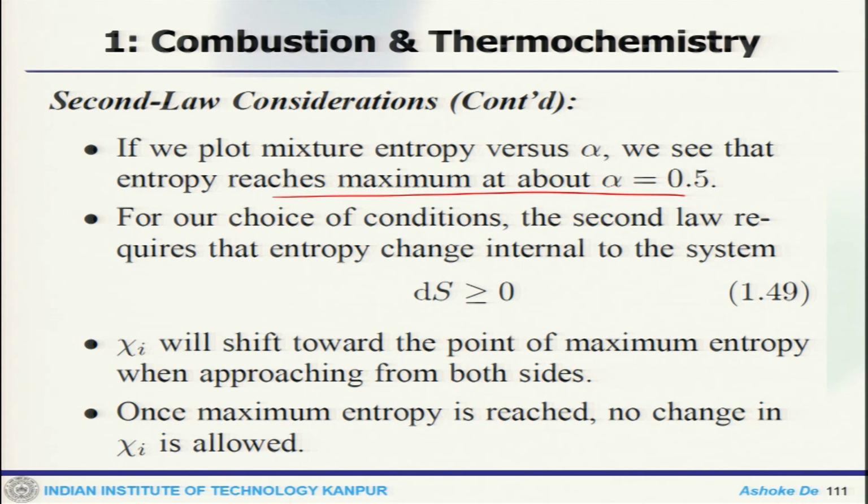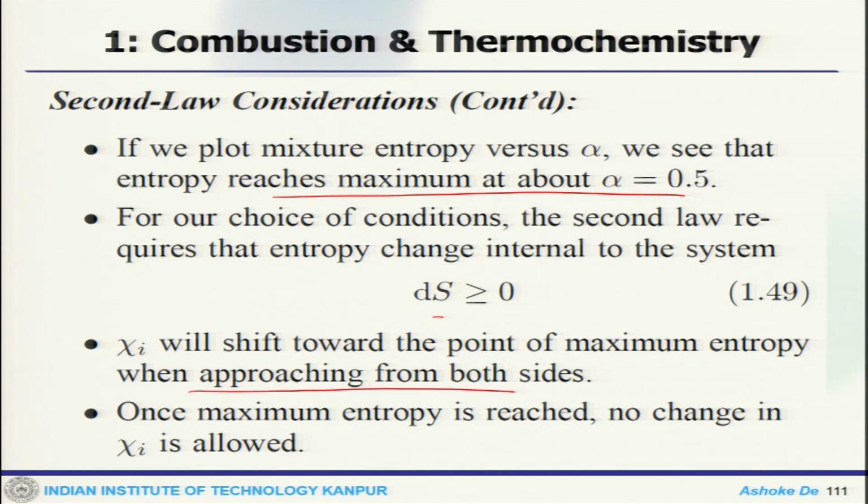Now, the second law requires that the entropy change internal to the system be greater than zero, because the system entropy is changing, and the mole fraction will shift toward the point of maximum entropy when approaching from both sides.